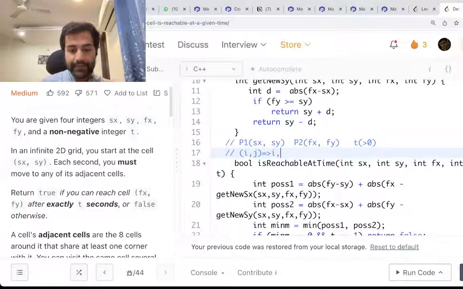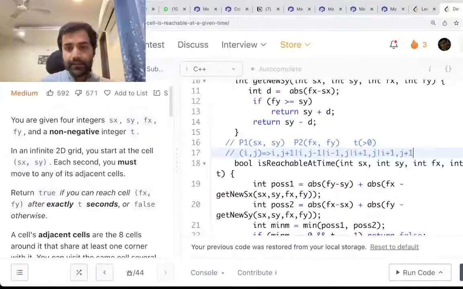The one towards the right is i comma j plus 1. The one towards the left is i comma j minus 1. The one towards the up, I can say i minus 1 comma j, and the one towards the bottom is i plus 1 comma j. Similarly, the four diagonals, right? The point diagonally down towards the right side, you can call i plus 1 comma j plus 1.